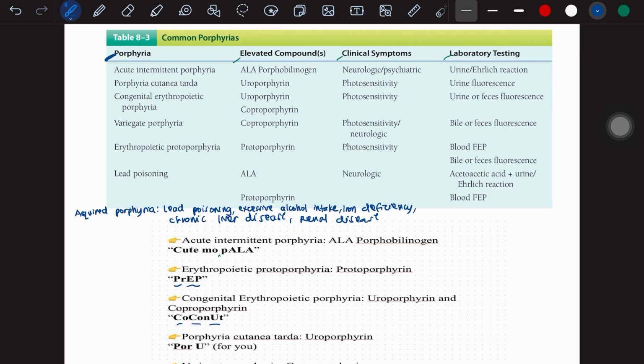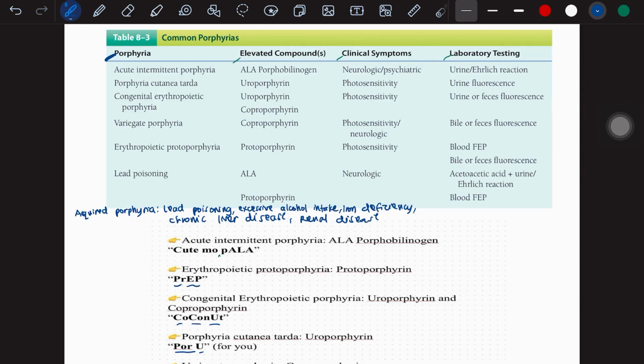What about your porphyria cutanea tarda? That is uroporphyrin. The mnemonic is "for you": porphyria cutanea tarda, then uroporphyrin. What about your variegate porphyria? That is coproporphyrin. So variegate, "var ko", coproporphyrin.